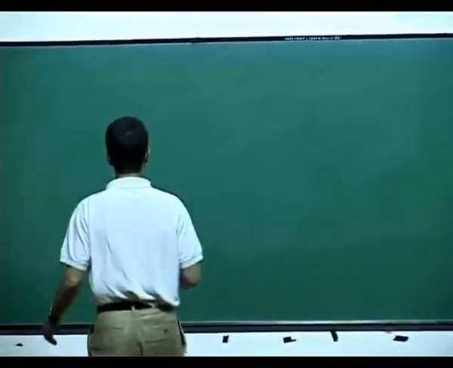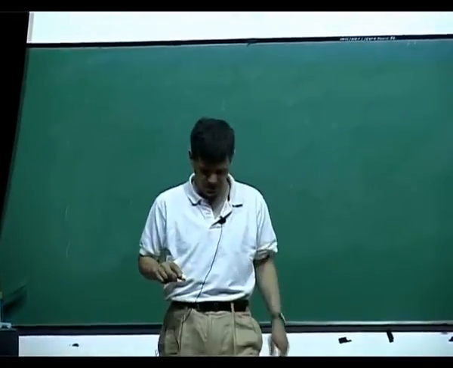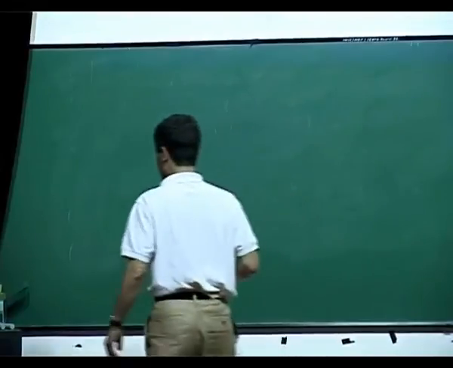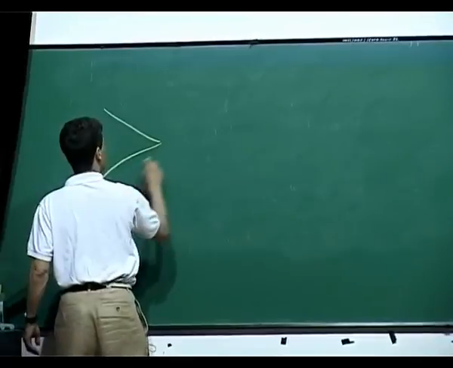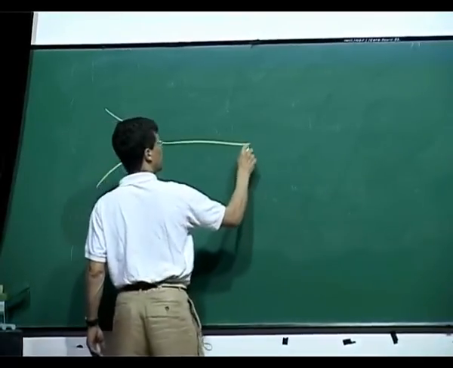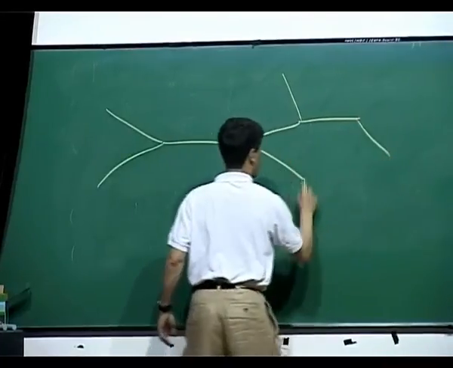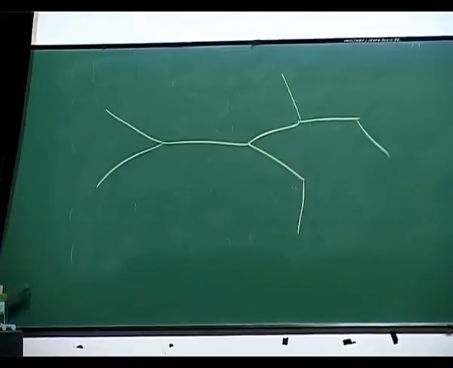Okay, so here's the graph initially. I'm going to go back to thinking in terms of the minimum spanning tree. Let's say this is the minimum spanning tree.